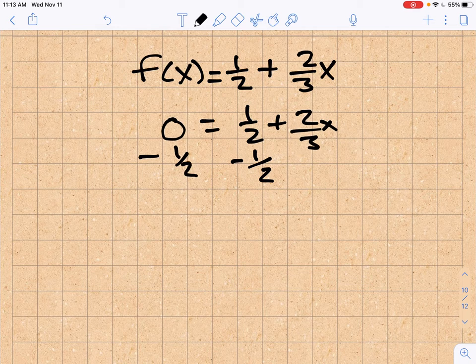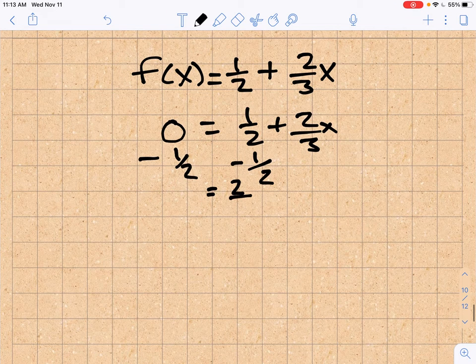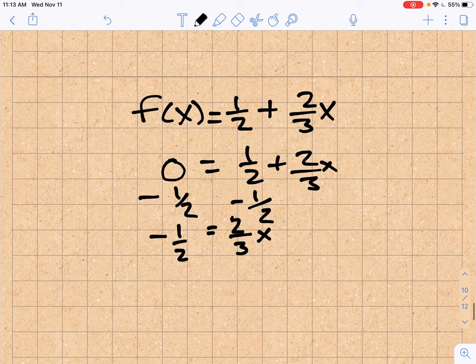So we're going to subtract 1/2 from both sides. That leaves you with 2/3 x, and then you have negative 1/2 over here. Then remember, to get rid of a fractional coefficient, you always just multiply by the reciprocal of that.